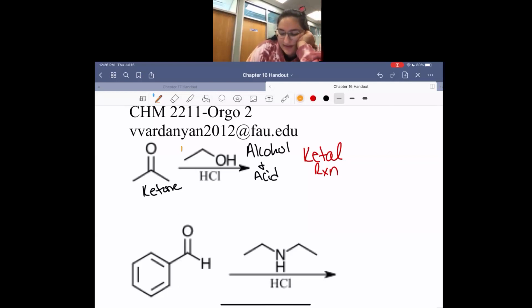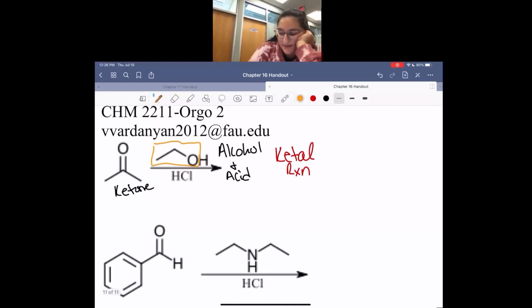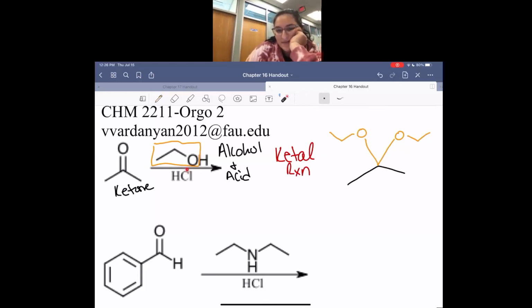So we're going to take this and attach it two times to the carbonyl carbon. So when do you know when to stop? If you have an acid, you go all the way to the ketal. If you have a base or you have nothing down here, then you stop at the hemi.